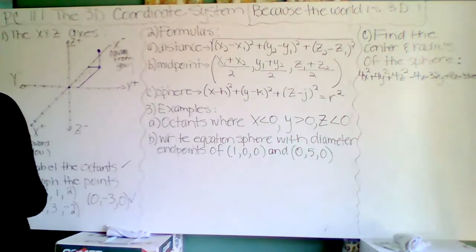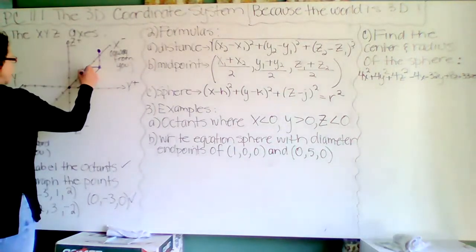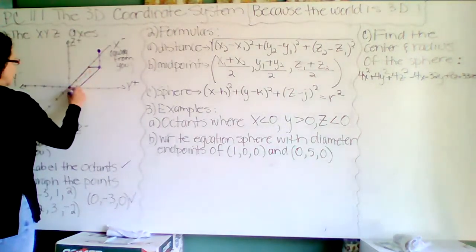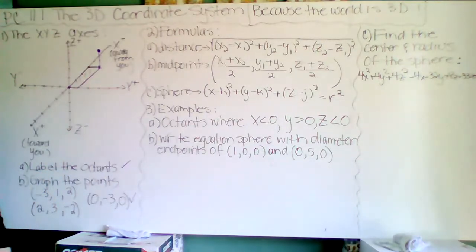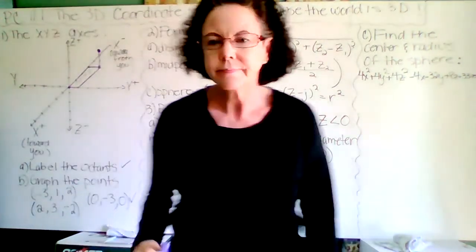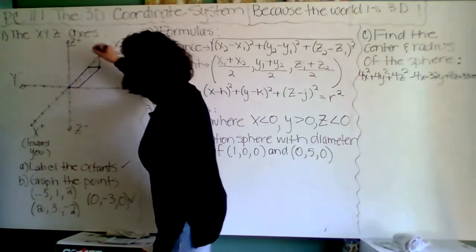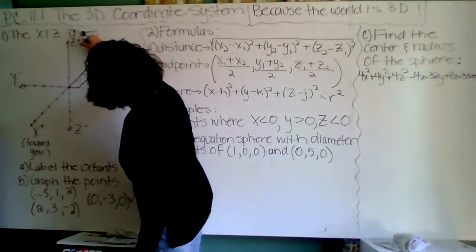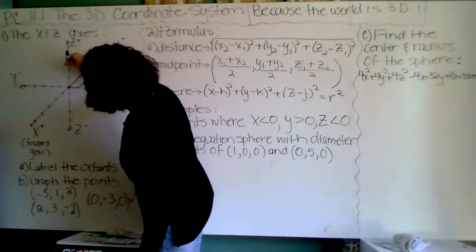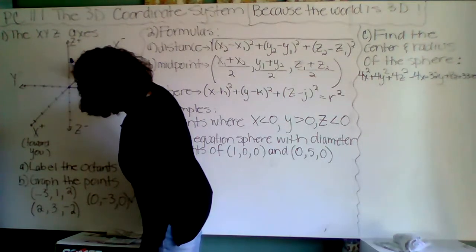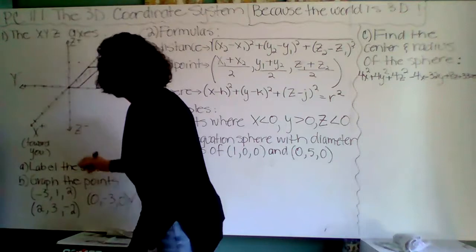So what's happening here is the bottom part of my rectangular box, right? And to show the depth for each of these points, I am going to move up 3. There we go.